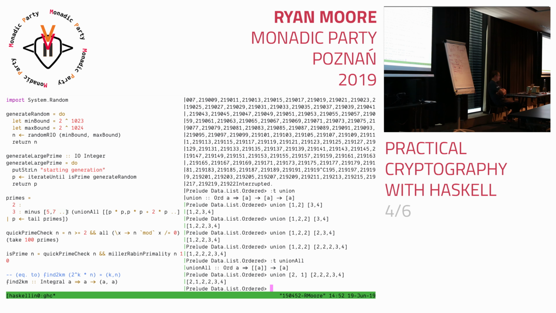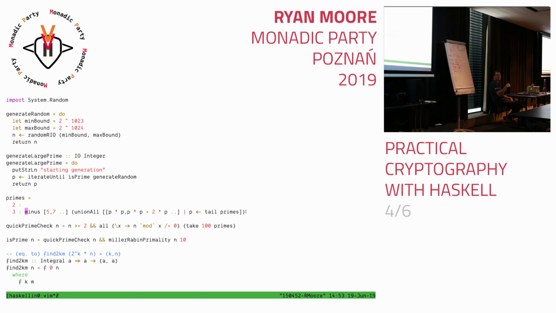And so we can intuit that what's going on here is we're going to want to minus from the list of odd numbers any numbers that are composites. And so this section here is the sieve, where everything here are going to be the numbers that we eliminate from the odd number list.